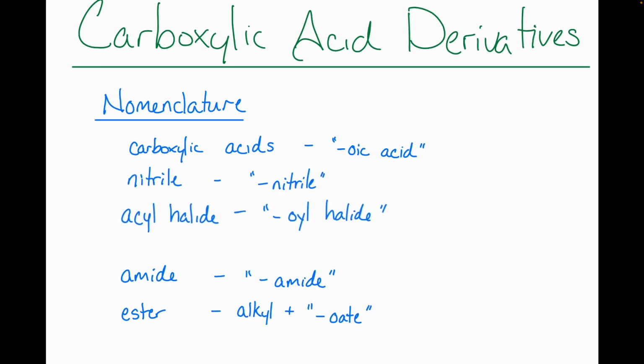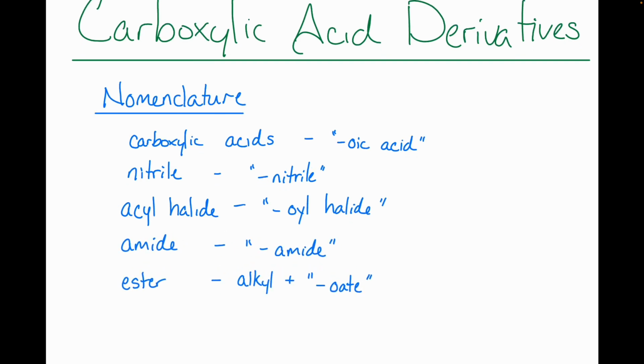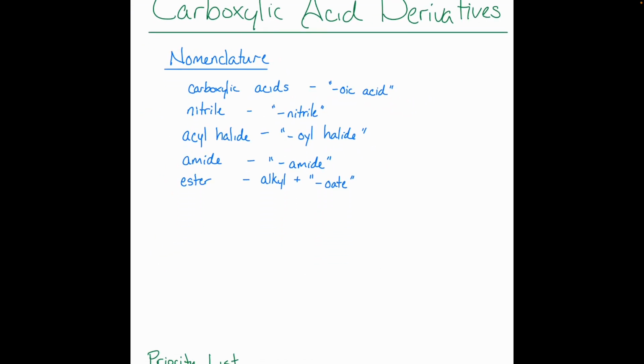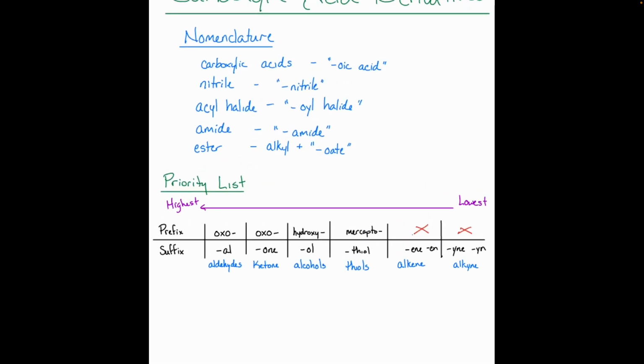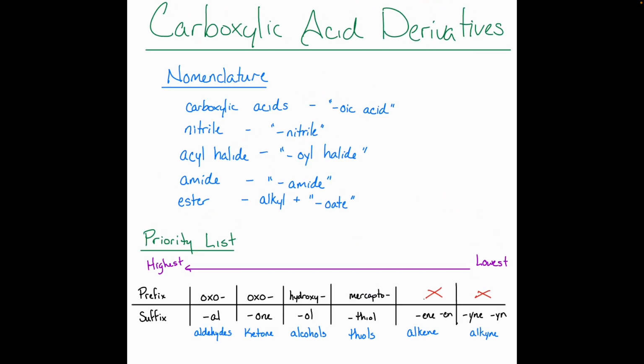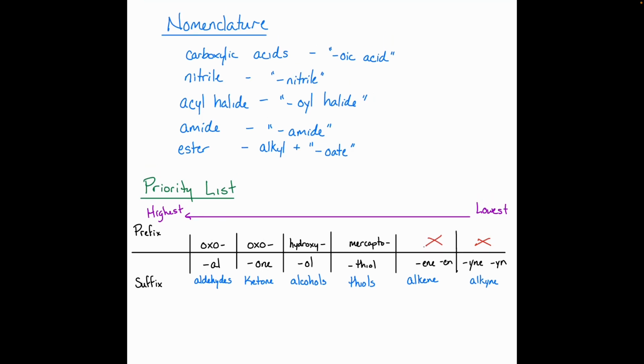All right, so then to finish our discussion of nomenclature here, let's update that priority list that we've been building of our different functional groups. Remember, we were ranking our functional groups from highest priority to lowest priority. All of our carboxylic acid derivatives do have prefix versions for when they are not the highest priority group, but they're kind of a pain to work with.